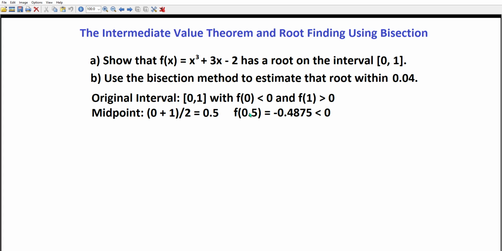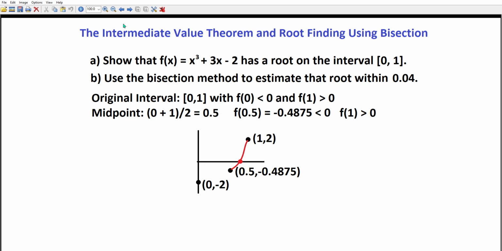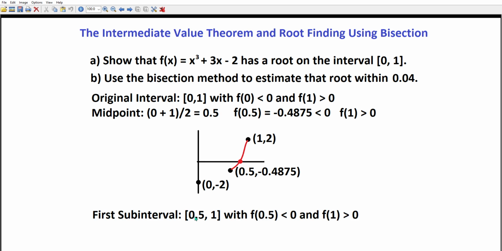And f of 0.5, we plug in and we get minus 0.375, which is less than 0, and the only thing that's important is it's negative. f of 1 is positive, so now between 0.5 and 1 there's a root, as pictured. So we've got a new subinterval here, 0.5 to 1, and there's a root in there.